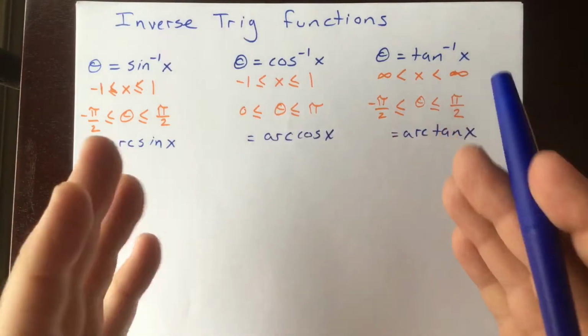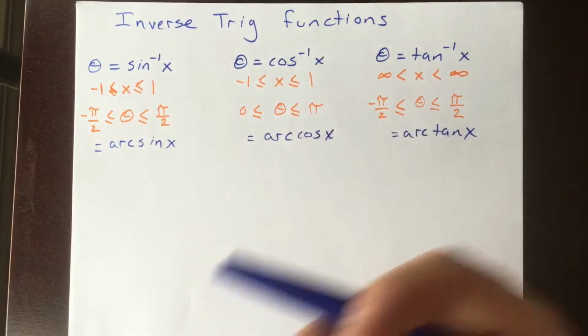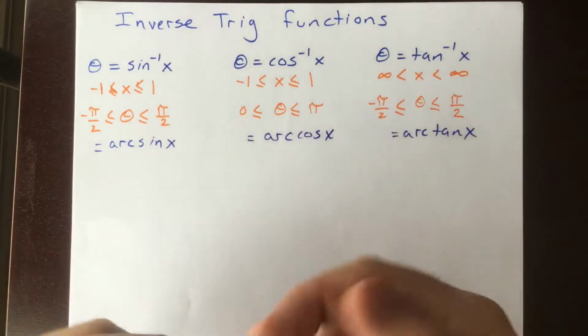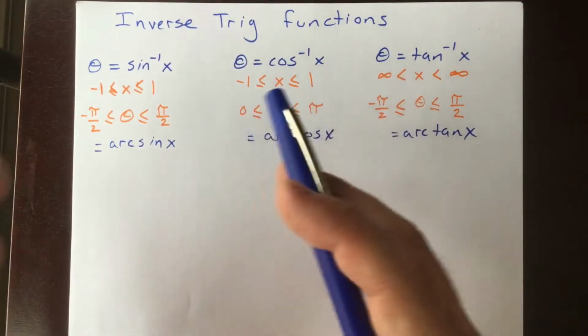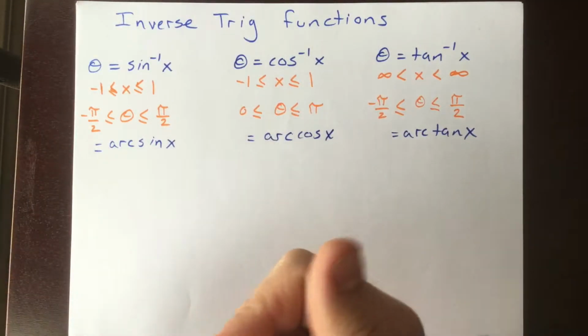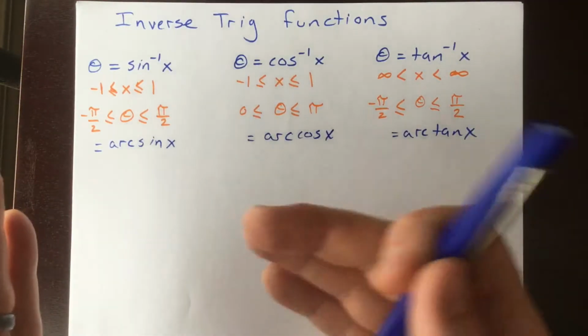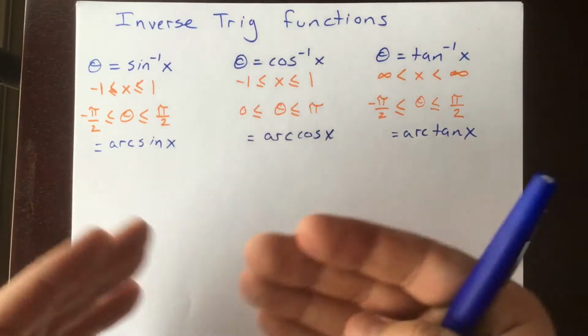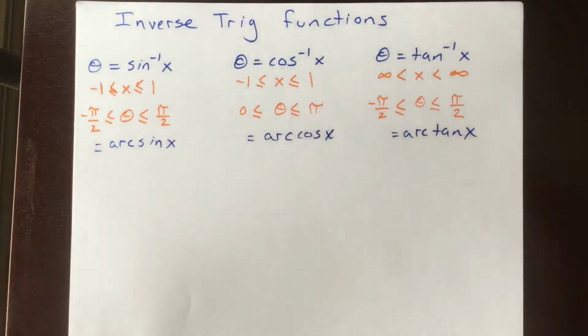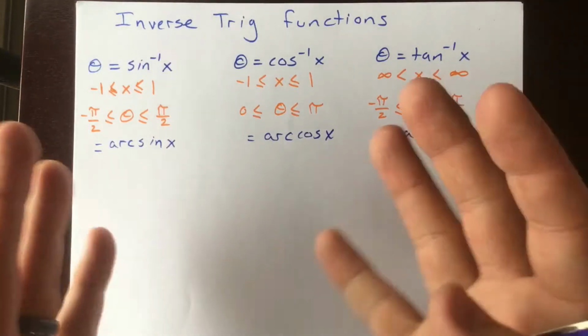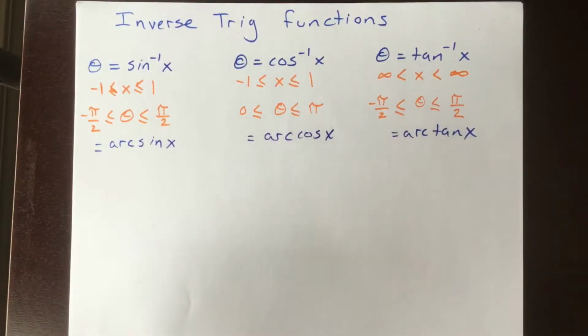When they are considered functions, our textbook looks at them as if they're functions. The domain is restricted. If we think of what's needed to have an inverse, we need to pass the horizontal line test, and cosine, tangent, and sine, none of them would pass the horizontal line test. So we restrict their domain so that we can have an inverse.